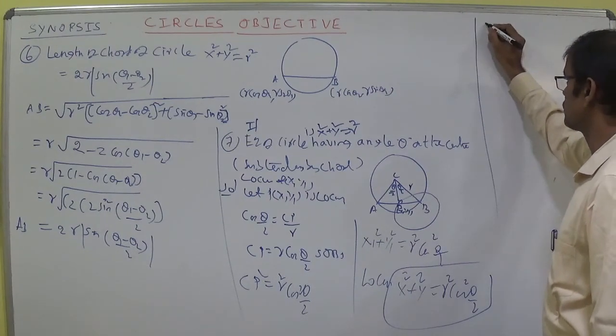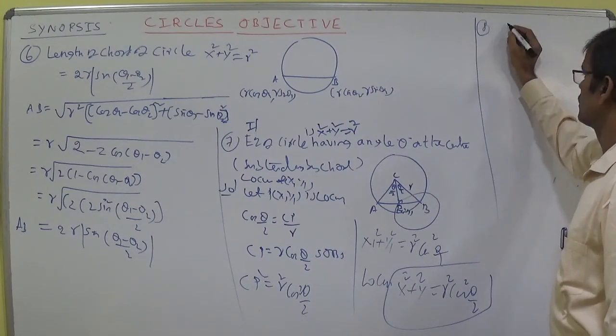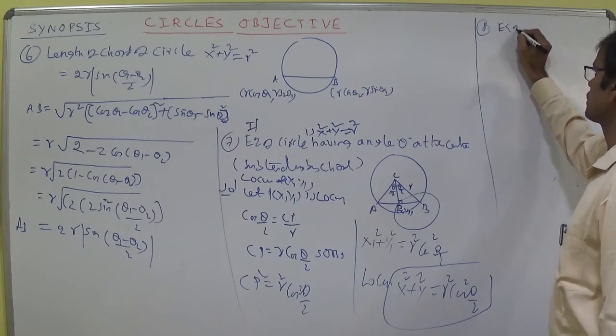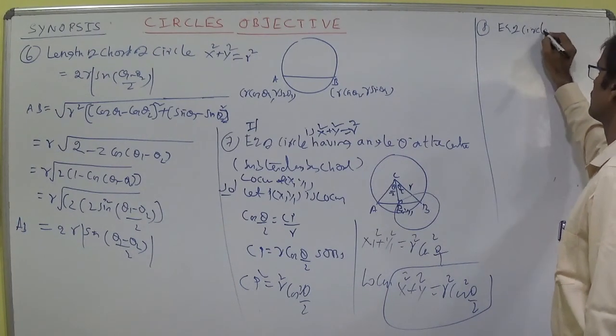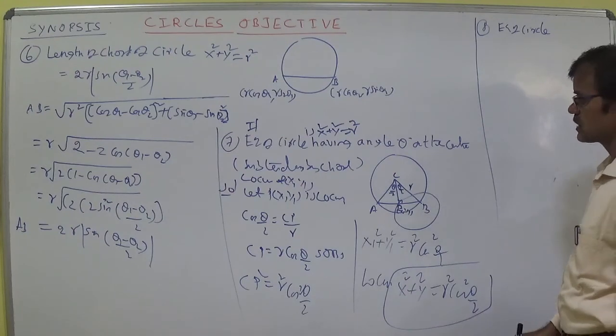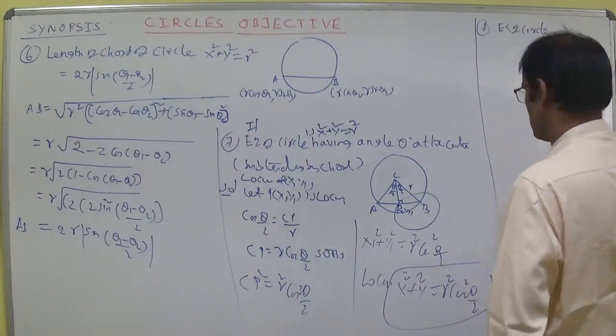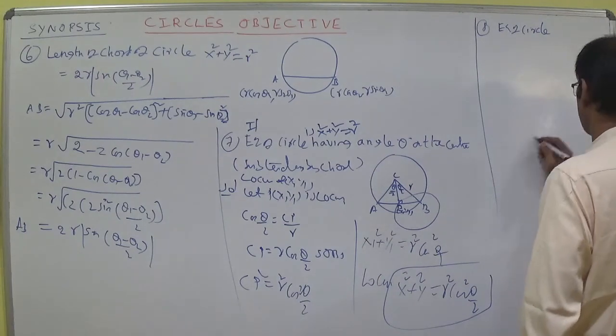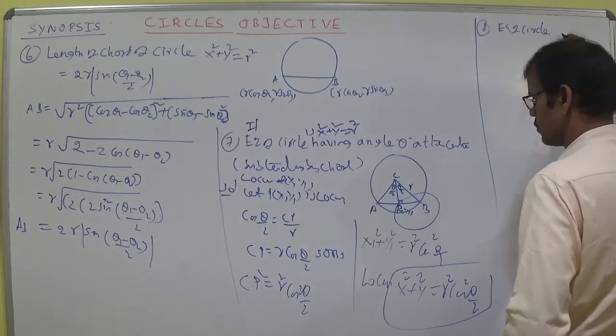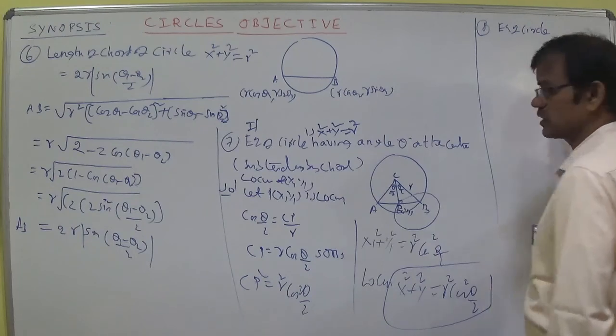Next, the eighth one. Equation of locus I am writing. Whenever the length of chord is 2k given, the equation of locus of the midpoint also we can take.